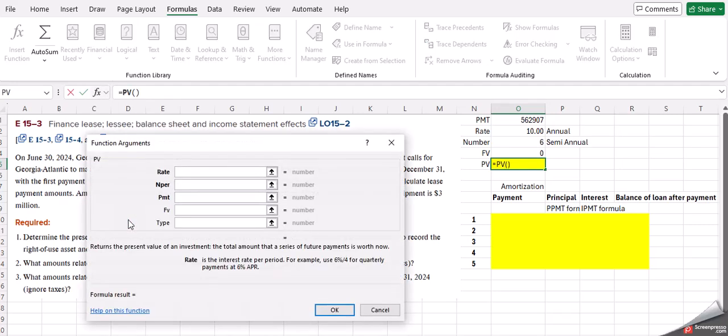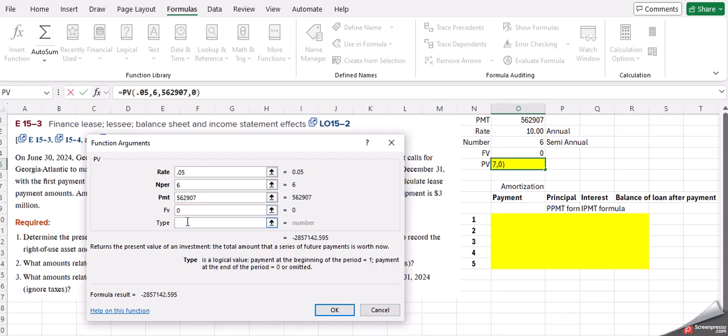So again, I'm going to go to formulas, financial, down to present value. And like I said, the rate is going to be 5 divided by 2, so it's going to be 0.05, and we have to put it in as a decimal. The N is going to be the 6. The payment is the $562,907. No future value.